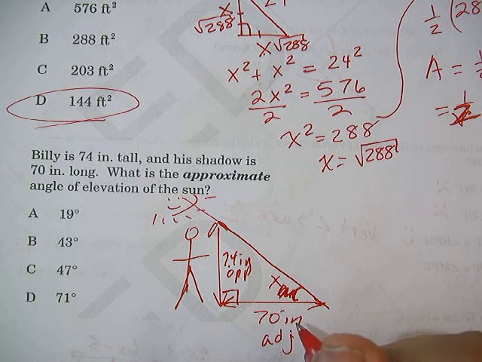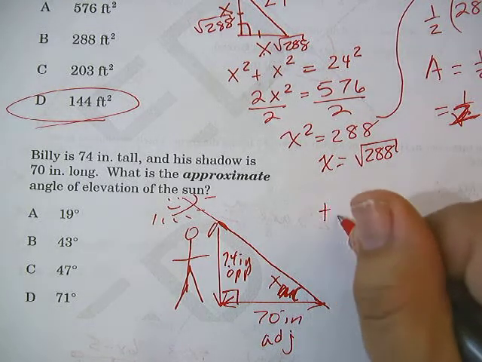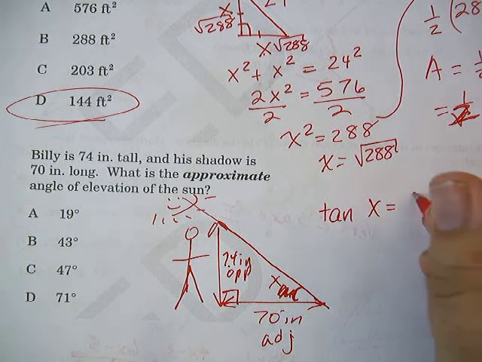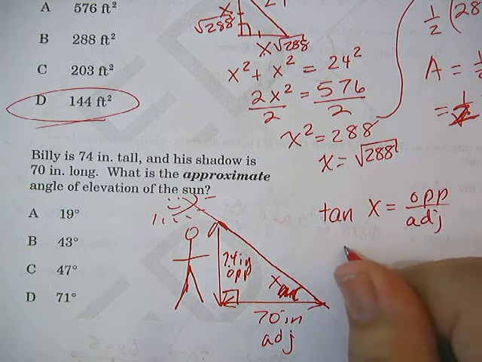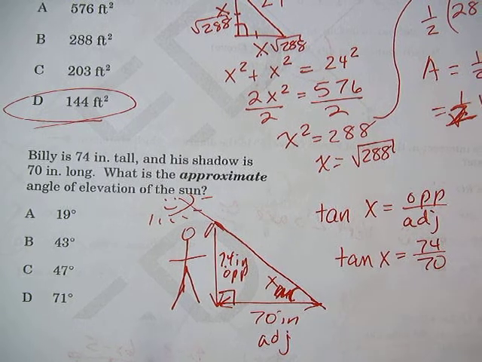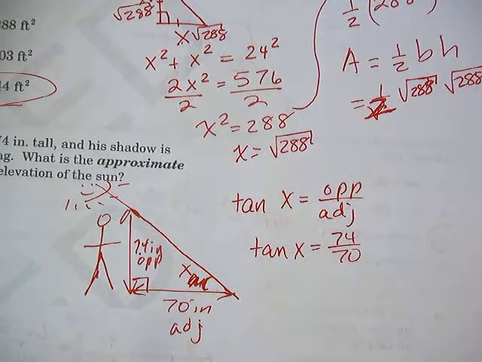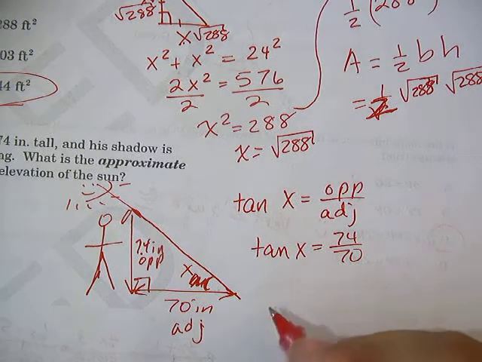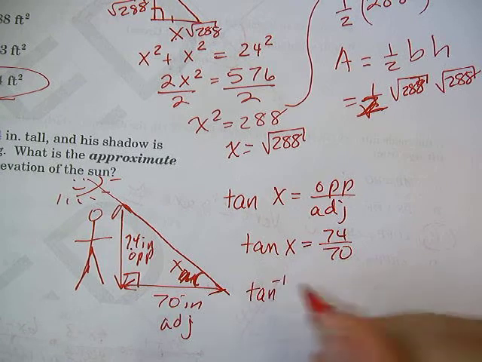The trig function that has opposite and adjacent in it, if you look at your math chart, is tangent. Tangent of X equals opposite over adjacent. That's on your math chart. So tangent of X equals 74 over 70. Since X is inside of the trig function, I have to undo the trig function, so I'm going to take inverse tangent of both sides.